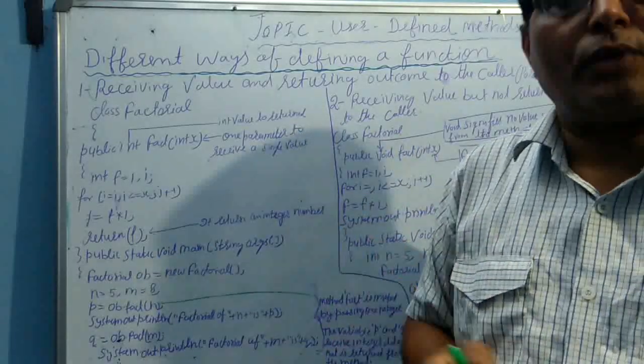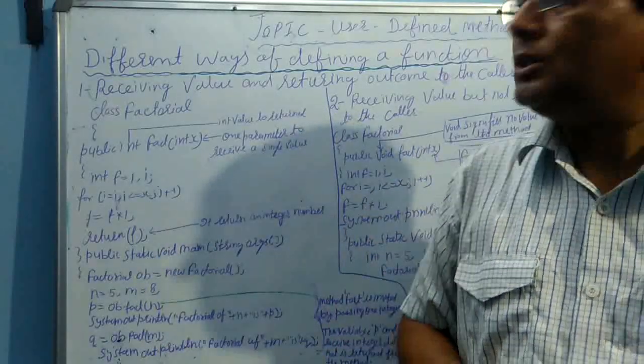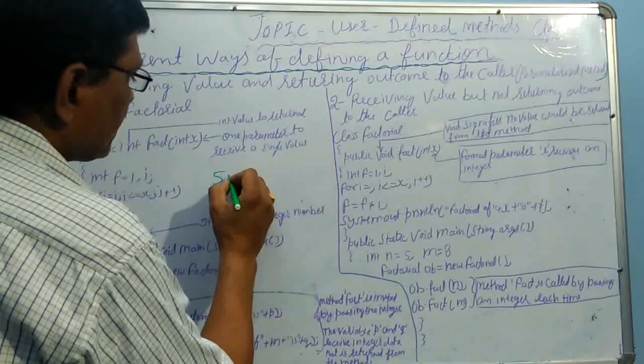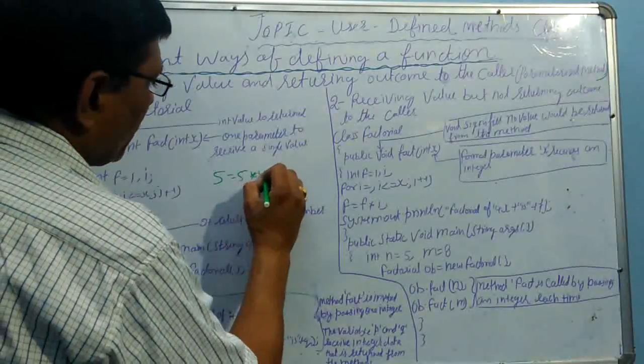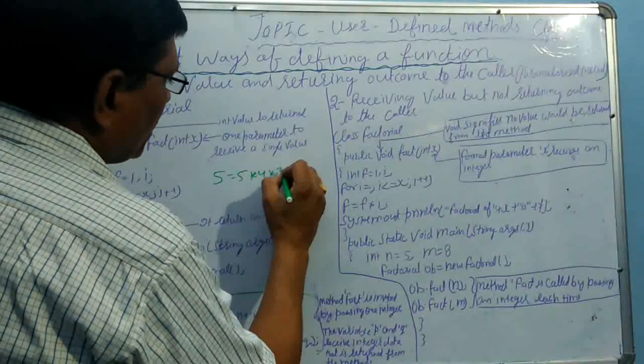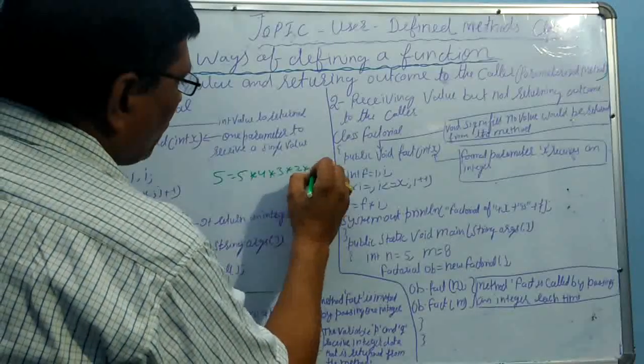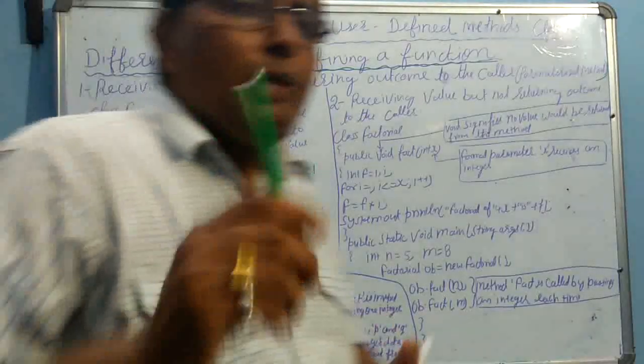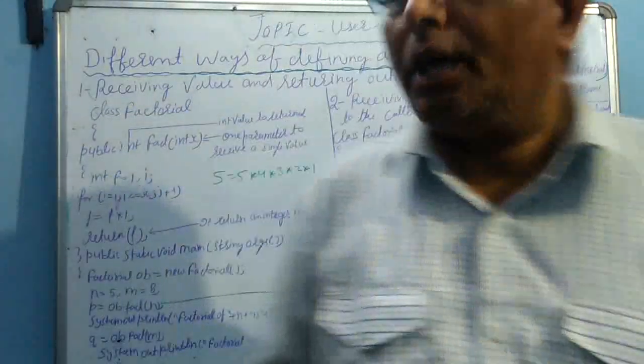What will be the factors of 5? For example, 5 factorial will be 5, 4, 3, 2, 1, like this.